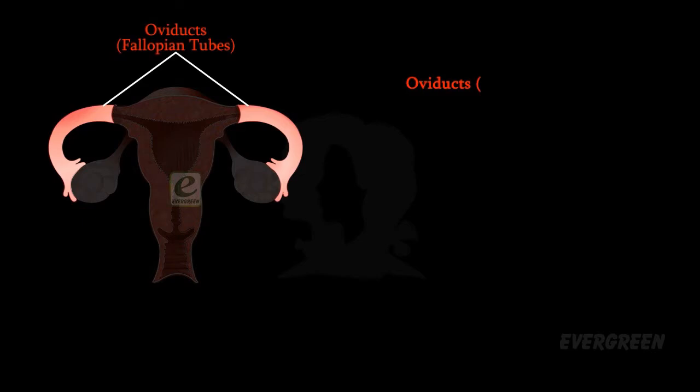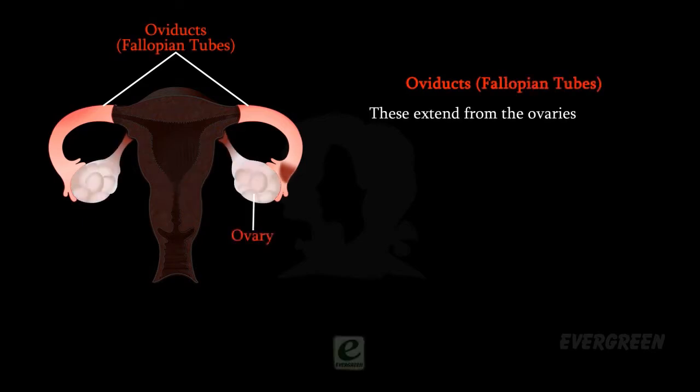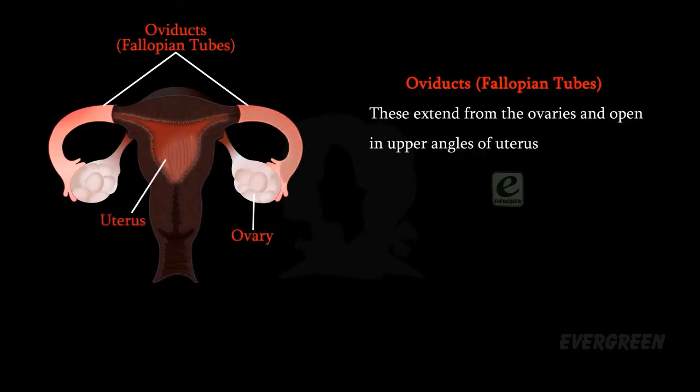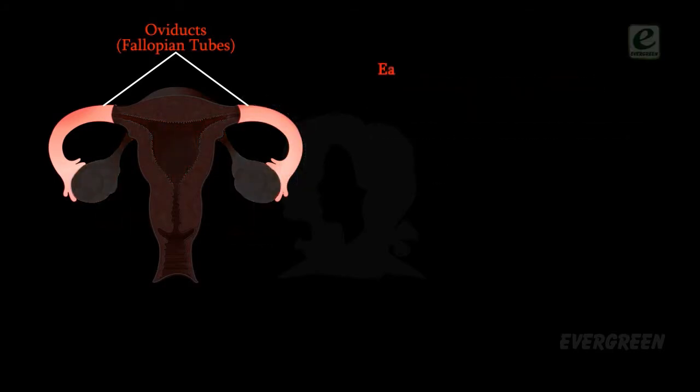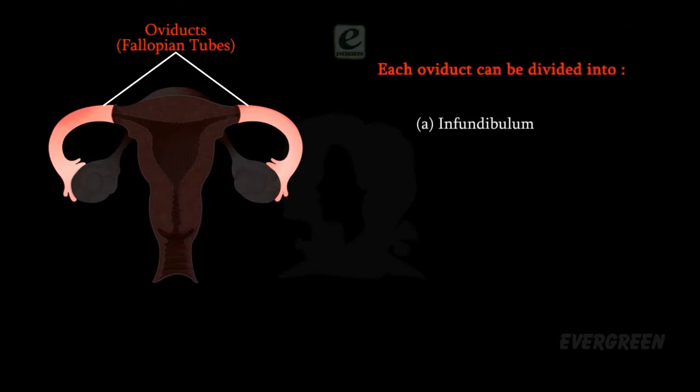Oviducts or fallopian tubes. These extend from the ovaries and open in the upper angles of the uterus and are 10 cm in length. Each oviduct can be divided into infundibulum, ampulla, isthmus, and uterine part.